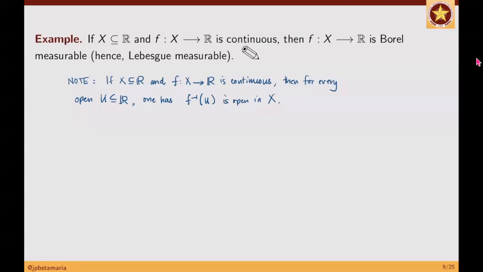Kumbaga, ang inverse image ng mga open sets ay open. Actually, hindi lang ito if then, this is a complete characterization of being continuous.